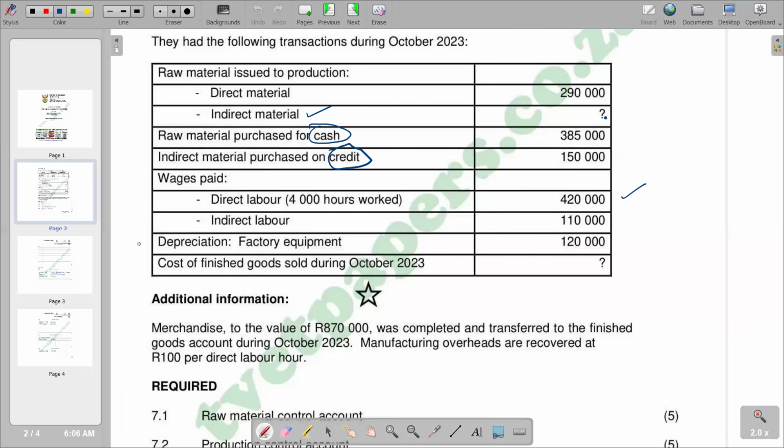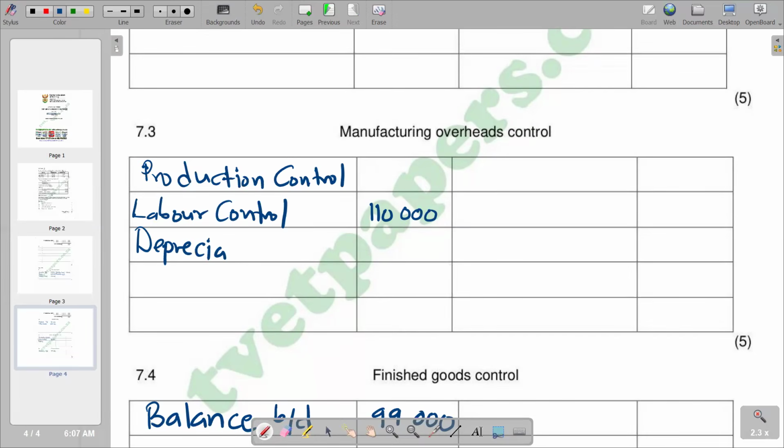So we are now on depreciation. So depreciation, we put factory equipment, which is 120,000, which is also part of the manufacturing overhead. So we are supposed to debit manufacturing overheads, and then we credit depreciation. But depreciation is not asked in the question, so we are just going to debit the manufacturing overheads. So we go to manufacturing overheads, and then we are saying depreciation 120,000. So that's what we have on that part.